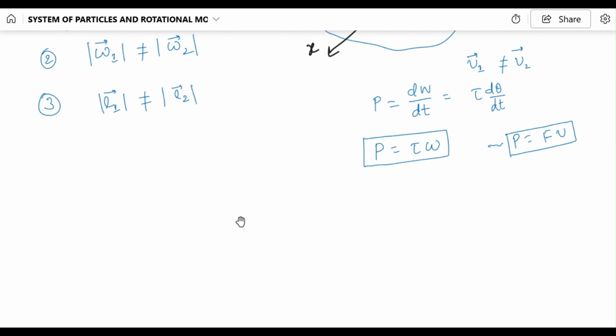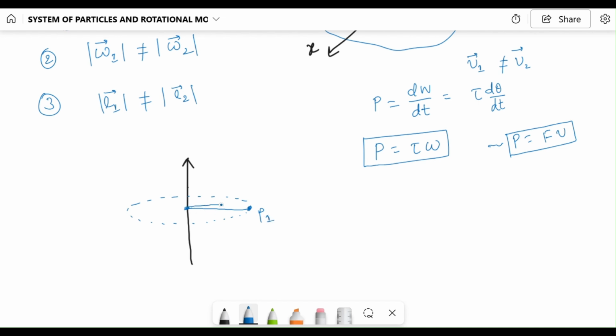Here, most of the physical quantities are vector quantities, so I'm going to explain their directions in this particular case. Let me draw it again in a cleaner way. Let's say this is the movement of the particle, and this is the center about which it is moving. If it is coming from point P1 to a new point P2, it is covering some angle theta.